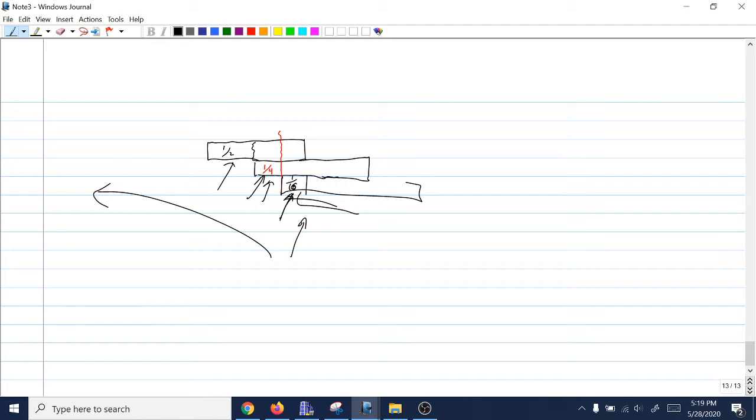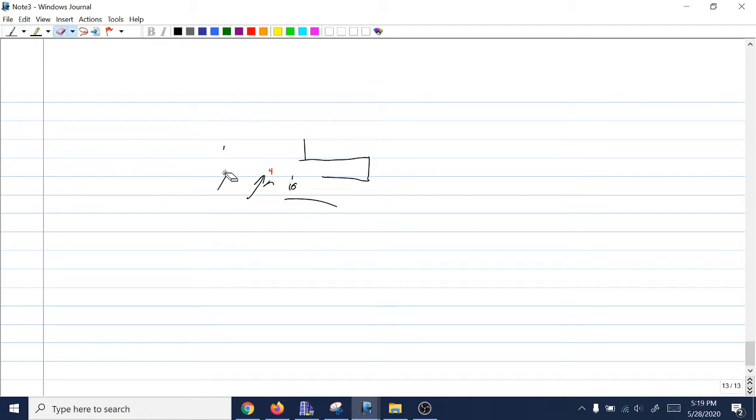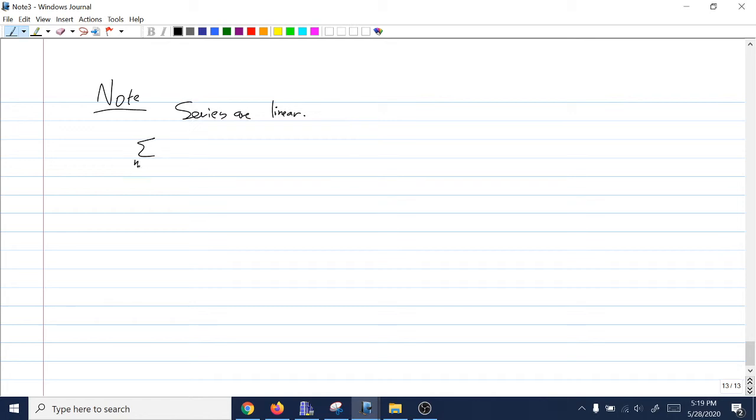I suppose there's some points we should say. These are some obvious facts that are not deep or anything, but I'm going to stay with them. Note, series are linear. The sum from k equals 1 to n of c times ak: you can factor out the c.